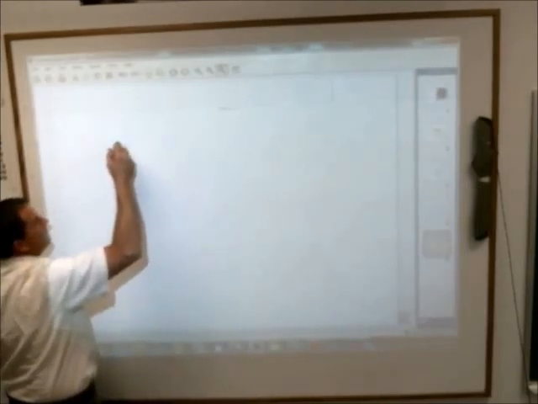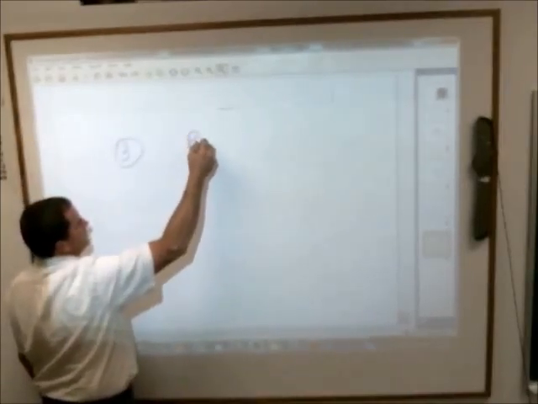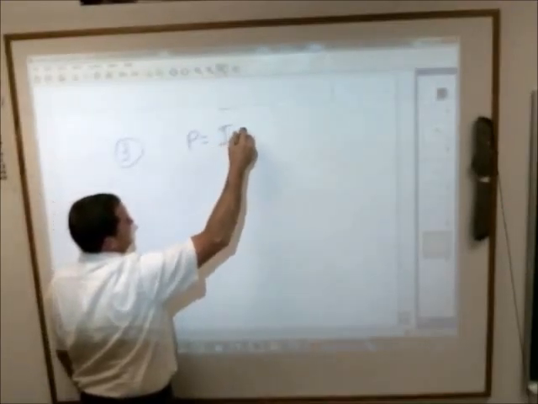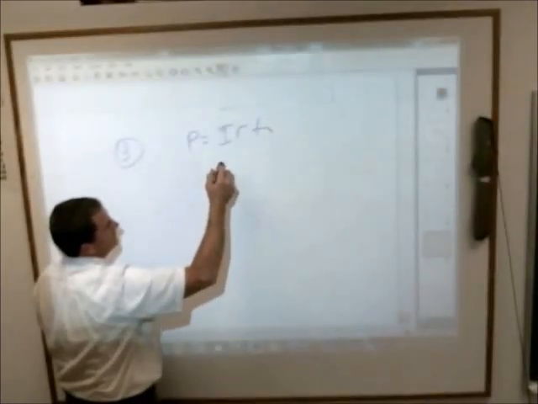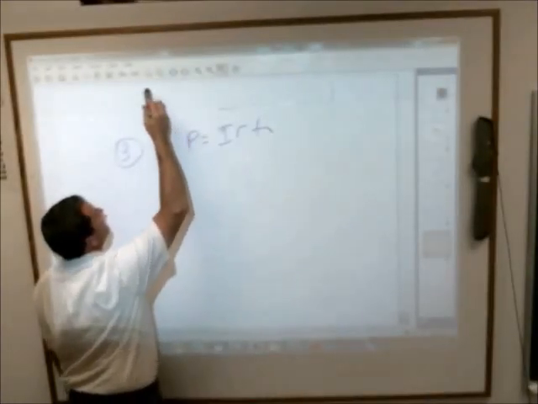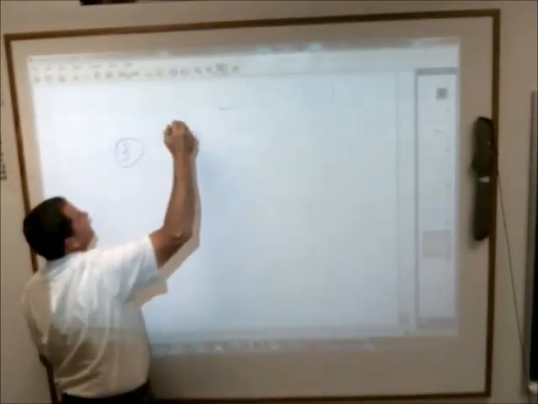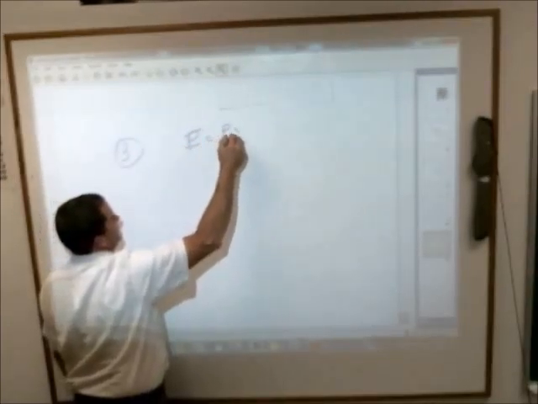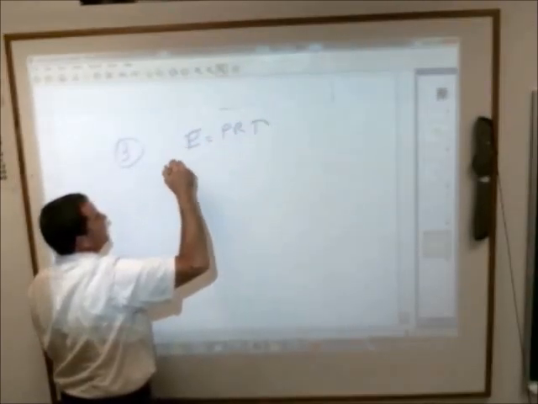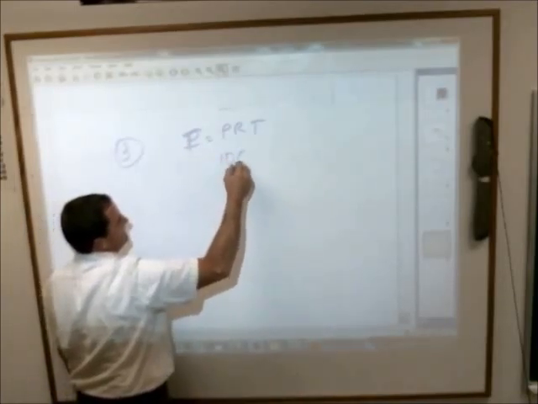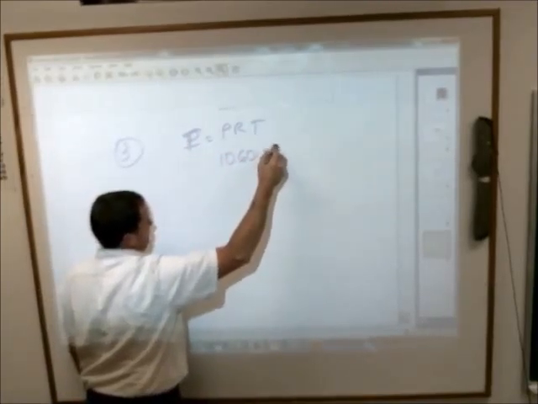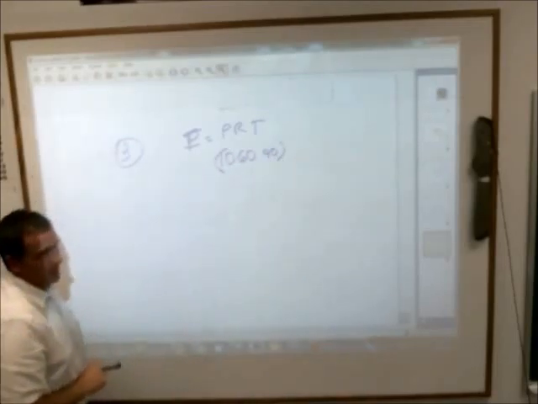For year number 3, my interest equals principal times rate times time. How much money do I have at the 3rd year? I have $1,060.90. That's how much I have in the bank.